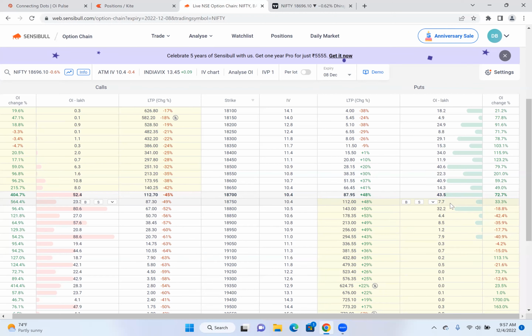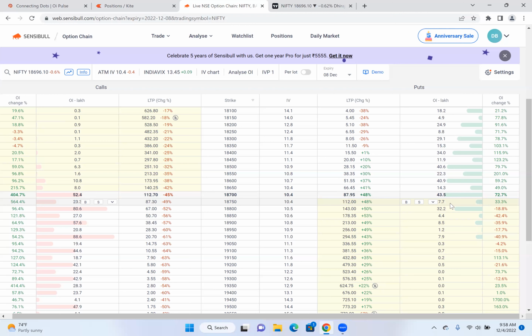But what matters more in the case of options is the open interest. In the case of a normal share, there is no open interest, so you will look at the volume. Because volume can go up by OI coming down also, right? Which means that the sellers are now getting jittery and they want to square off.